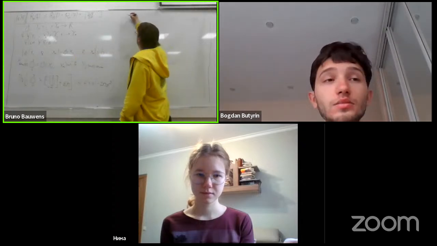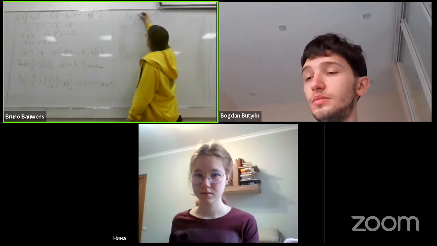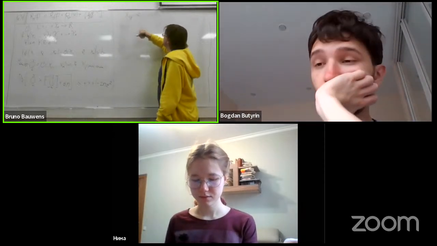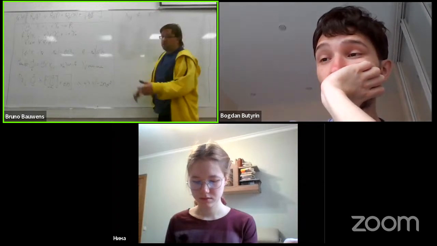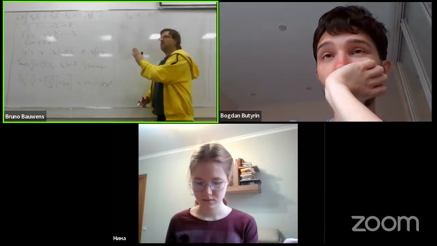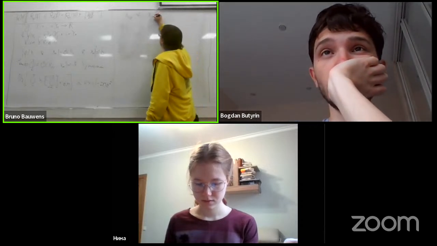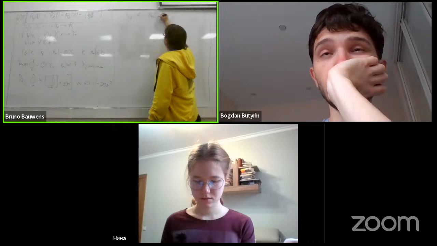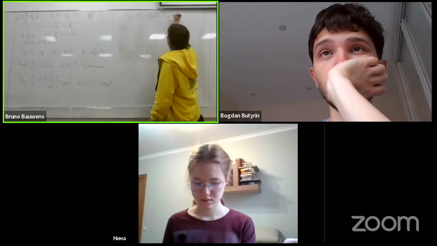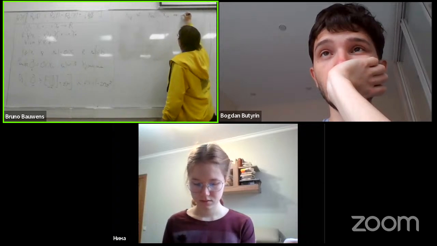So we have x_ij such that columns are independent. So we have x_i1 till x_in are independent.